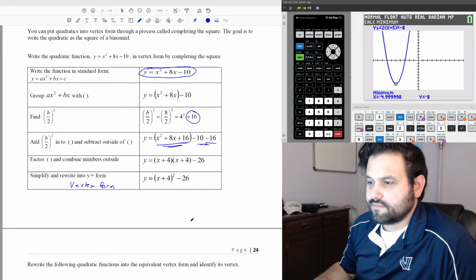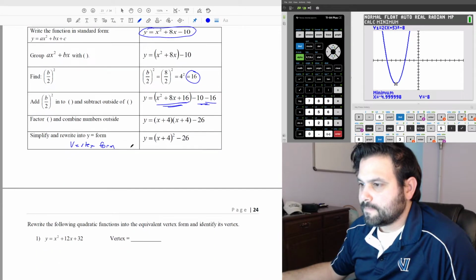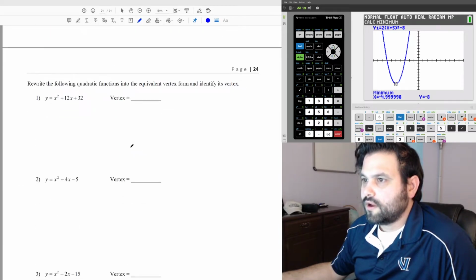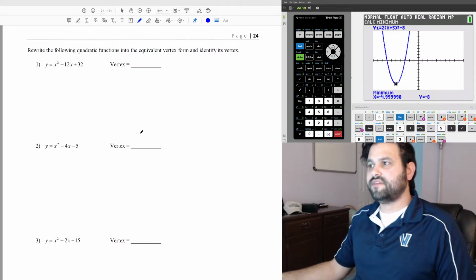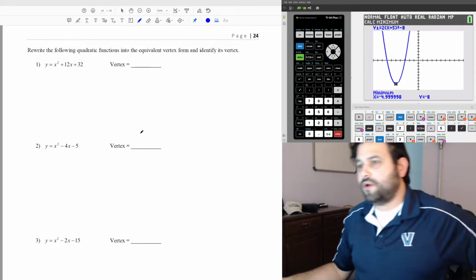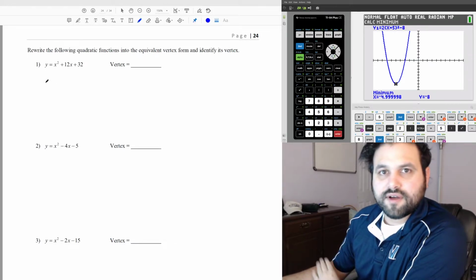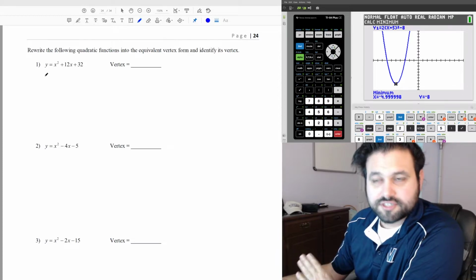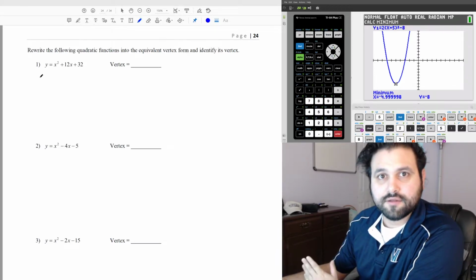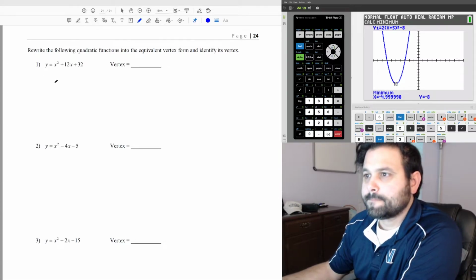So that's sort of a written out example. Let's take a look at one as we do together, okay? So number 1, rewrite the following quadratic functions into equivalent vertex form and identify its vertex. So I will show you the example of how we did it up there. And if you want to try this first, please do so, see if you can follow that example, and then resume the video whenever you're ready, okay?